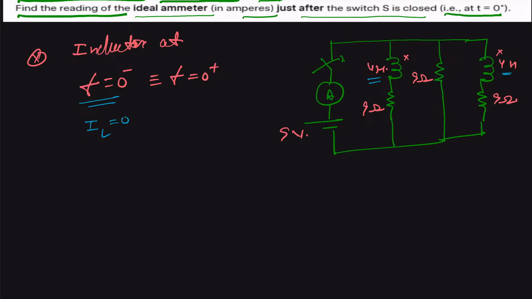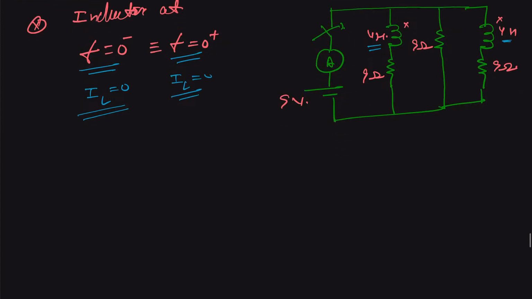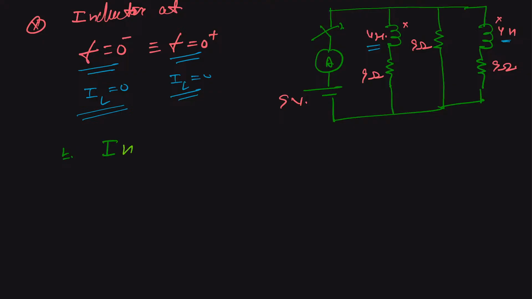Therefore at t positive the current through the inductor will also be equal to 0. Okay, so this is the property of our inductor. Or in straightforward terms we can say that this inductor is going to act as an open circuit, because the current flowing is equal to 0.